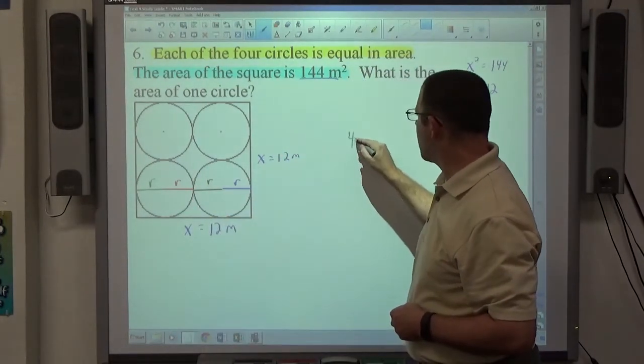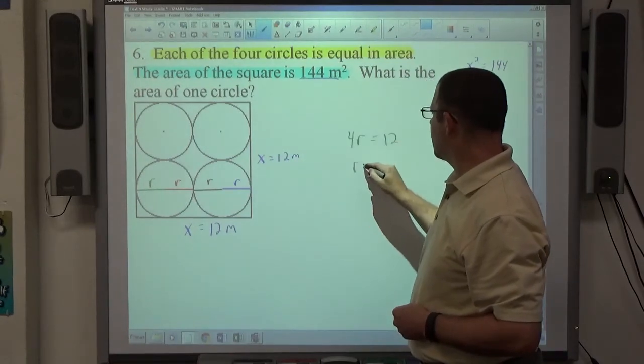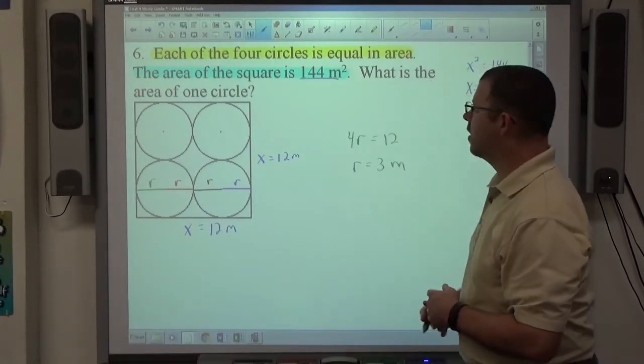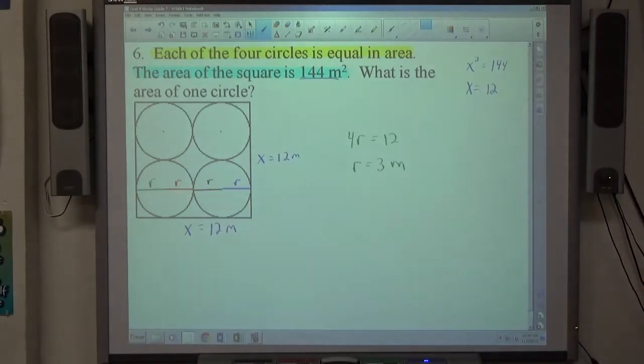So I know that 4R has to equal 12, which means R is equal to 3 meters. So just like that, I figured out the radius of the circle.